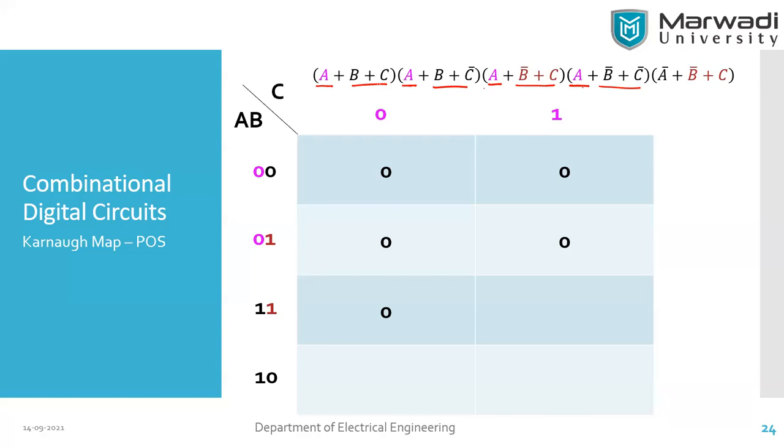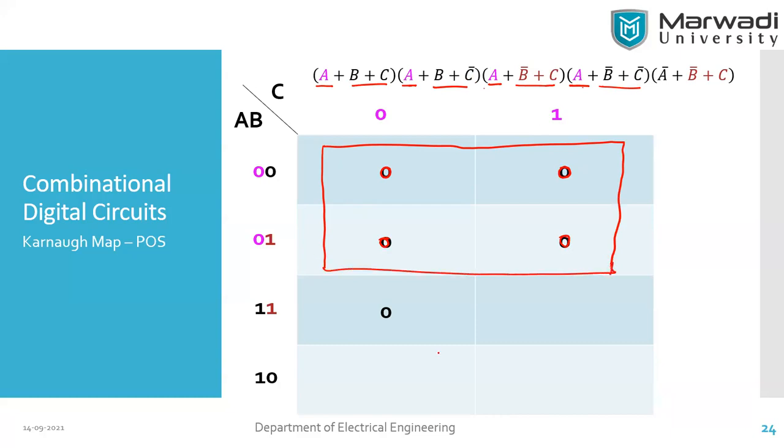A plus B plus C plus A plus B plus C bar plus A plus B bar plus C plus A plus B bar plus C bar, right? Now what we will do, we will take this one, this is 0, this is 0, and this is 0. So this will make one quad. It's a group of 4. Okay. Do you see any other group here?